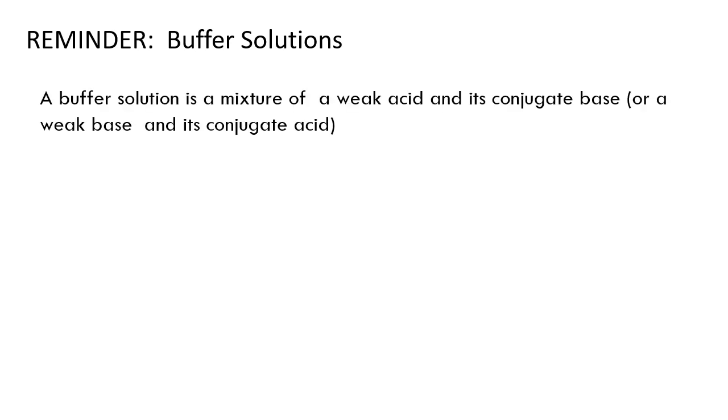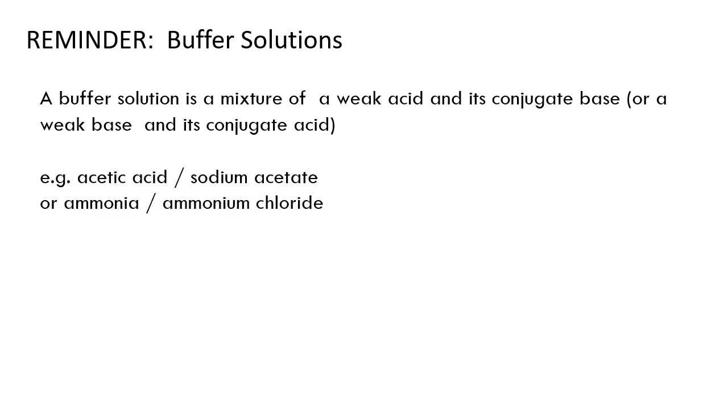Now that we have a little more information about the equivalence volume for our reaction, we're going to take a quick look at buffer solutions. A buffer solution contains a mixture of a weak acid and its conjugate base, or a weak base and its conjugate acid. Some examples include acetic acid mixed with sodium acetate, or ammonia mixed with ammonium chloride. In the laboratory setting, phosphate buffers are popularly used.